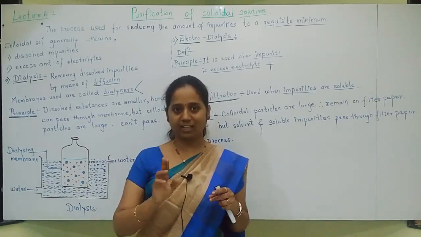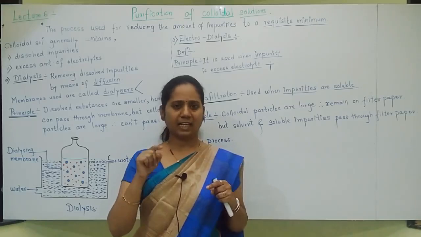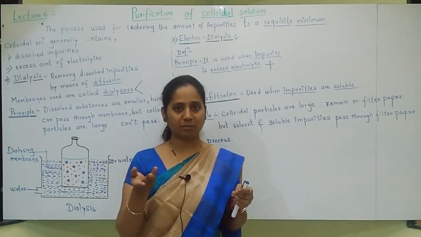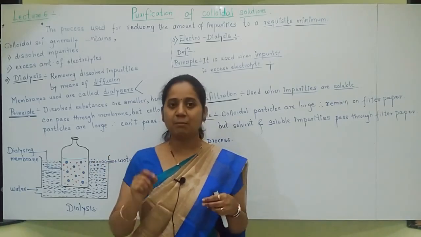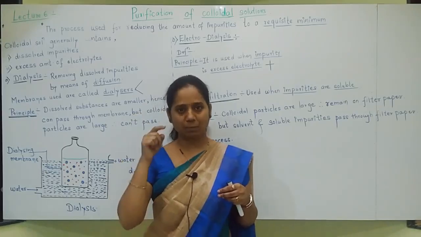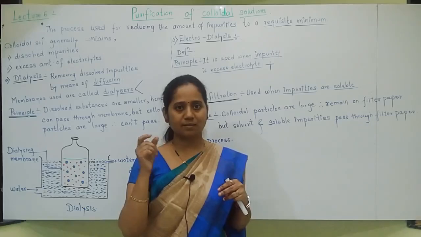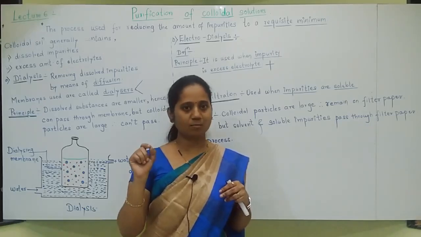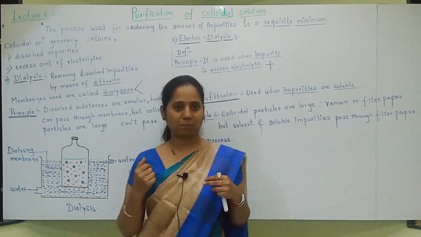You should know that colloidal particles can pass very easily through ordinary filter paper, because the pore size of the ordinary filter paper we use in the chemistry lab is large, but they won't pass through a membrane with very small pore size, for example animal membrane or parchment paper.